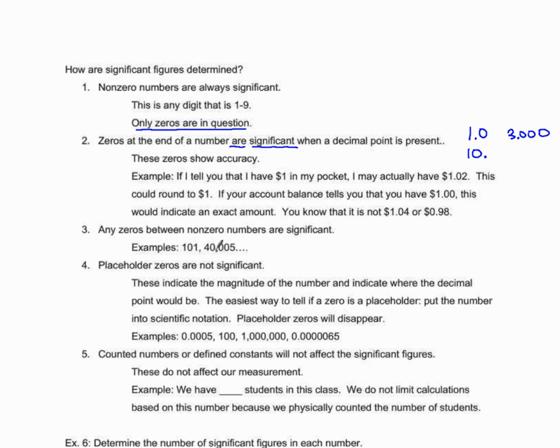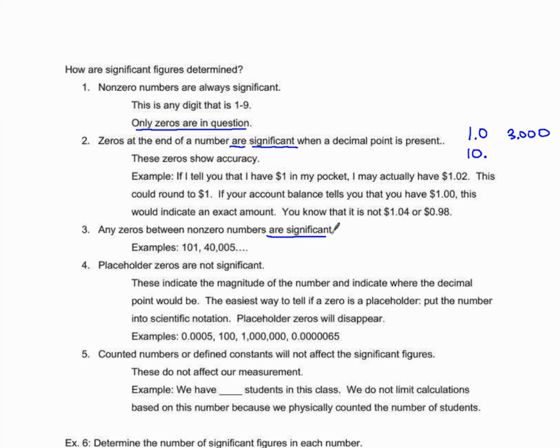Either way, all of these zeros are significant. So far, we have non-zeros are significant, zeros at the end of a number with a decimal are significant, and zeros that are between non-zeros are significant.